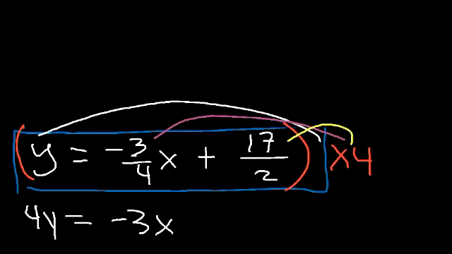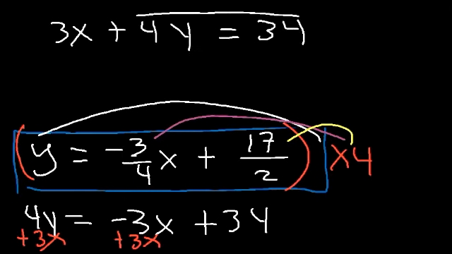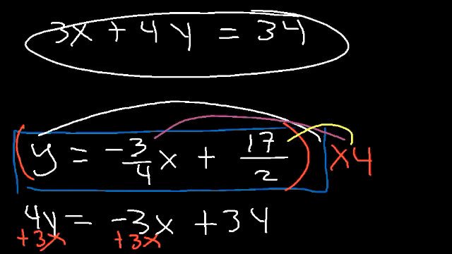And then what's 4 times 17 over 2? 4 divided by 2 is 2. 2 times 17 is 34. So we have this. So now let's add 3x to both sides. So the equation in standard form is 3x plus 4y is equal to 34. So now you know how to convert between the different forms of a linear equation.